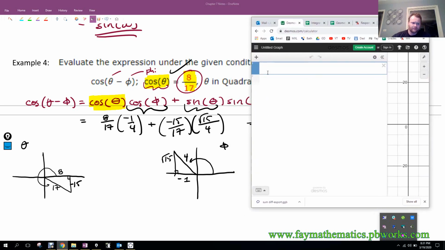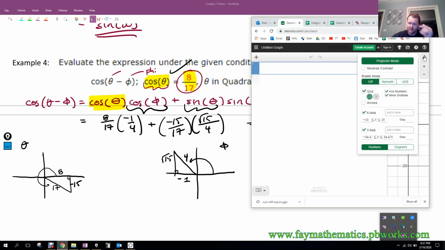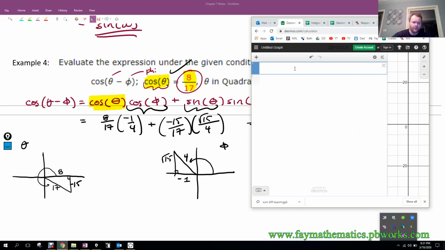So with theta, I'm going to try to take this information here that we have and figure out what the actual angle measurement for theta is. So let's do this in degrees. We'll go cosine inverse of 8/17. So 8/17.